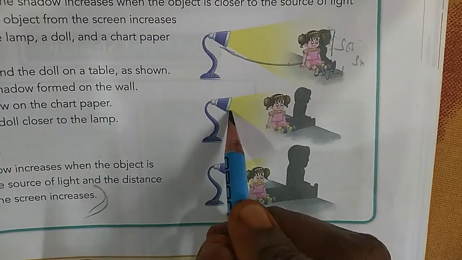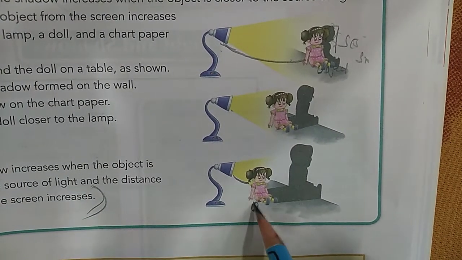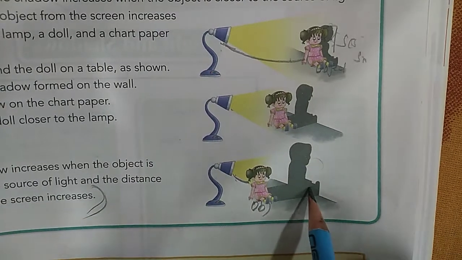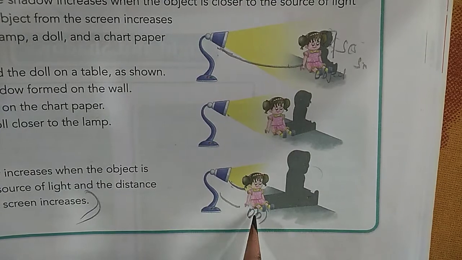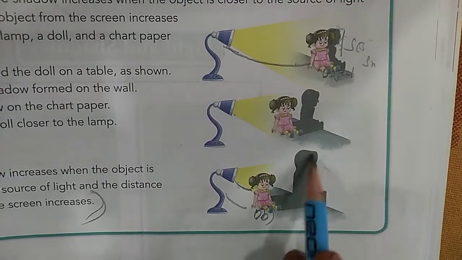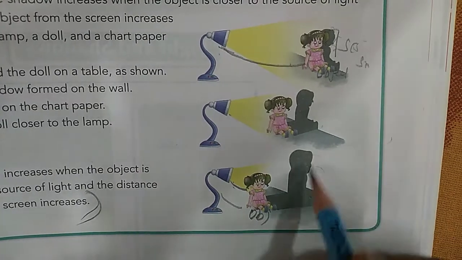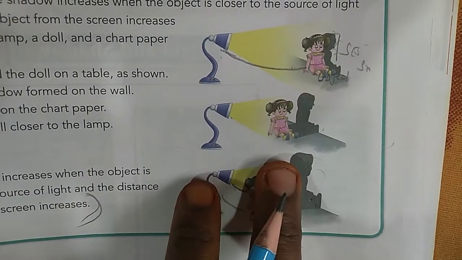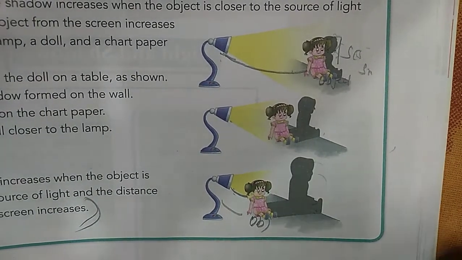If the object is near the light source, then the shadow will be larger. The smaller the distance between the source and object, the bigger the shadow. When the screen is moved far, the shadow will be bigger. So these are the two conditions of size and position of your shadow.